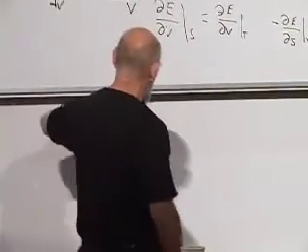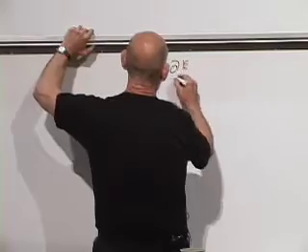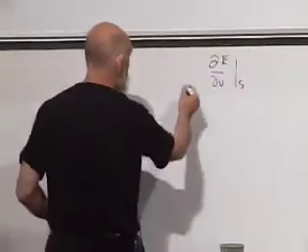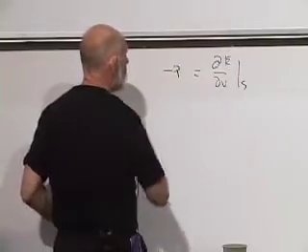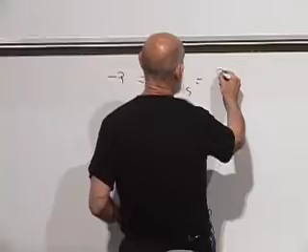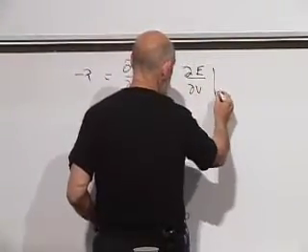So now we use some physics. Now we're going beyond calculus, and we can write that dE by dV at fixed S, which is minus the pressure, that's the thing we're trying to calculate, that's equal to dE by dV at fixed temperature.